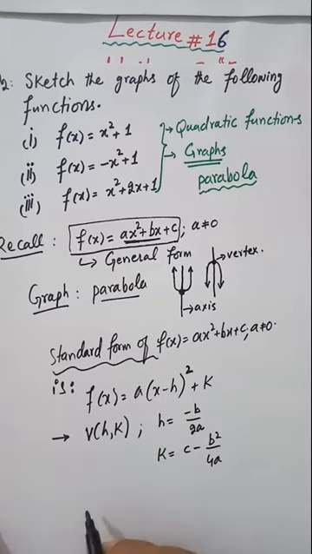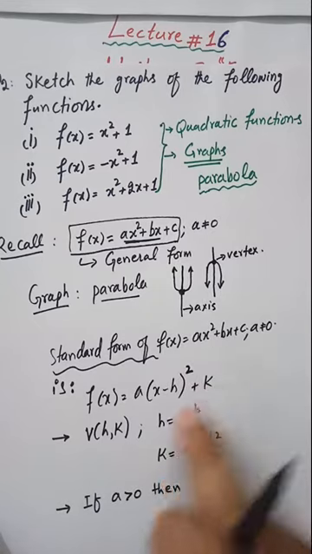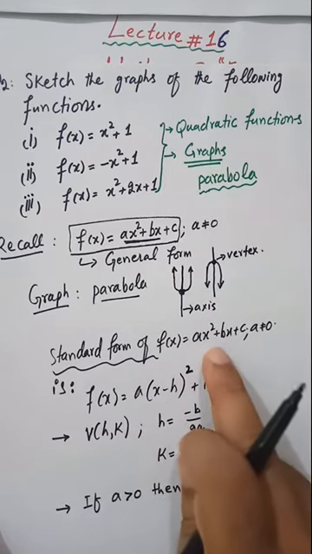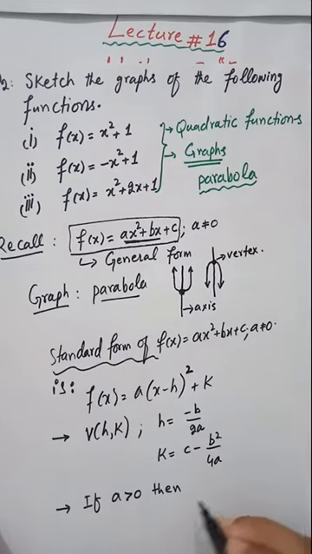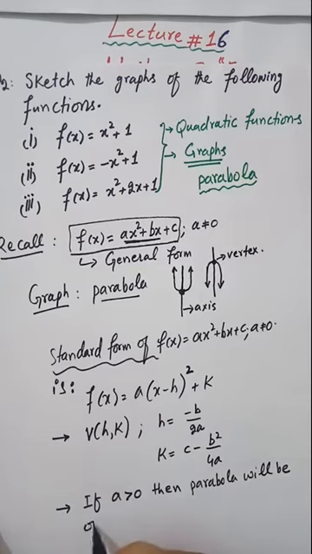Now, if a is greater than 0, then the branches of the given parabola, meaning the parabola which is the graph of the general form of a quadratic equation, will be open upward.